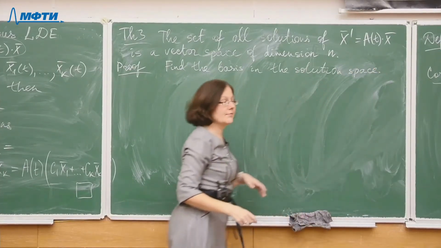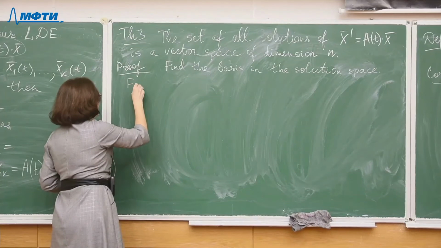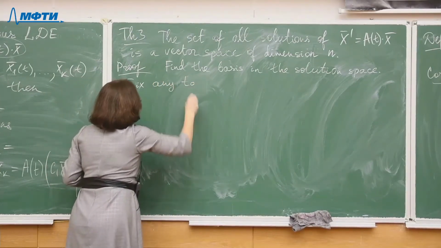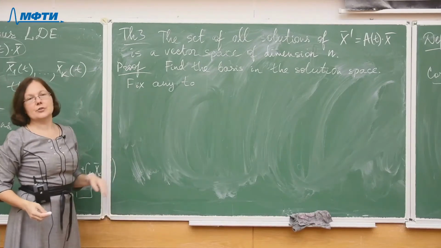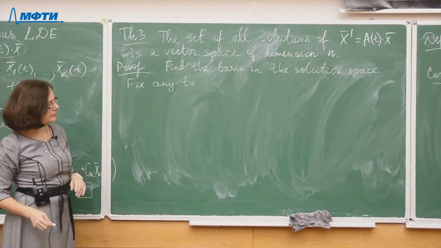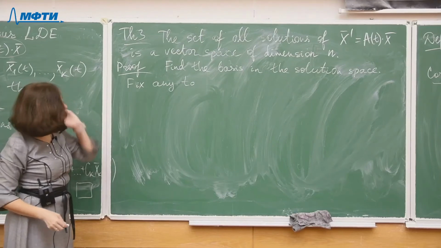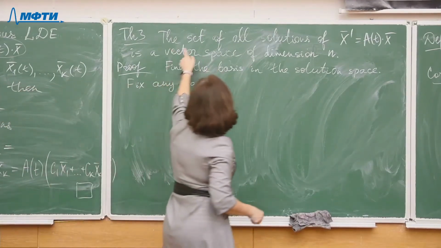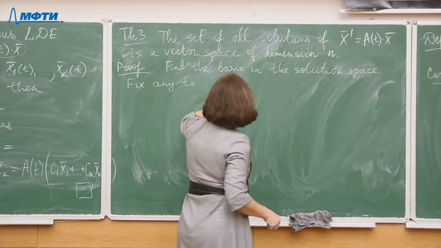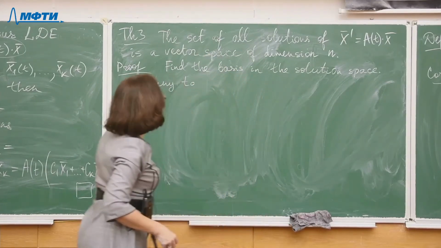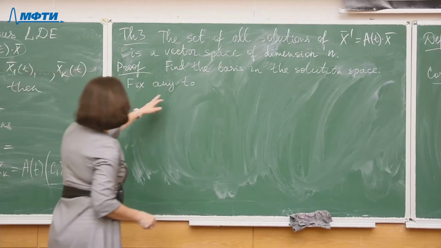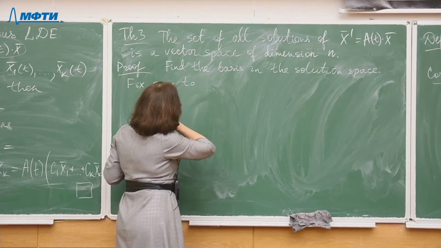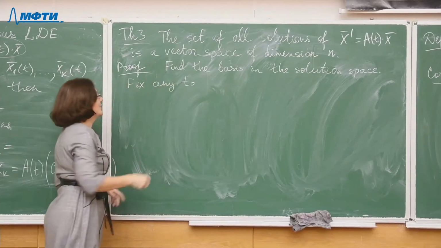How to do this? Okay, fix any t0, an initial value. Fix any t0 and take it. Any t0, let it be this.